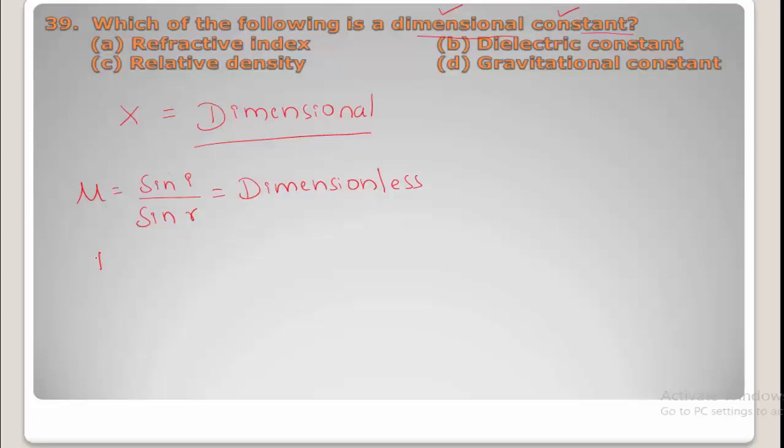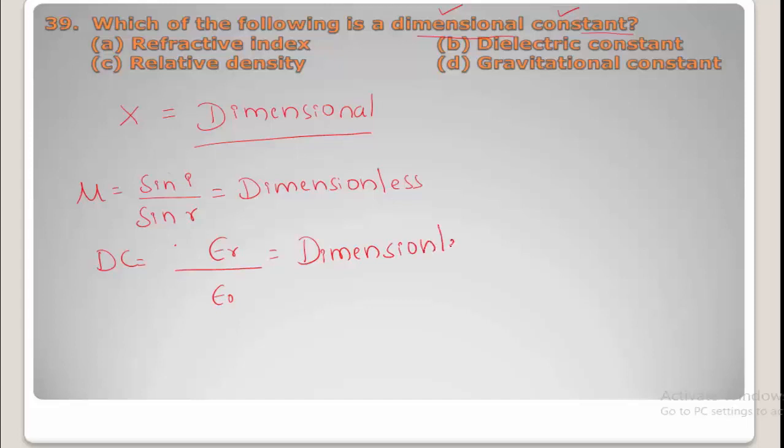Second one, dielectric constant. So what is dielectric constant? So dielectric constant is nothing but the ratio of relative permittivity to the absolute permittivity. So it is also dimensionless because these two are having same dimensions. They get cancelled with each other.